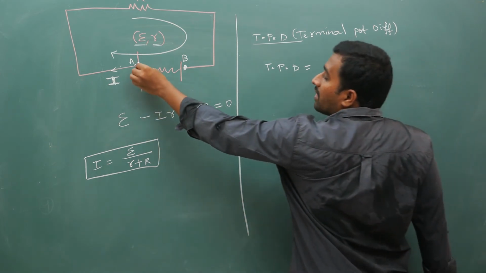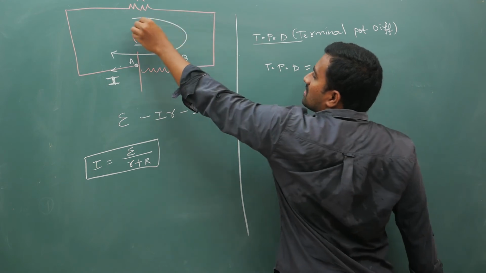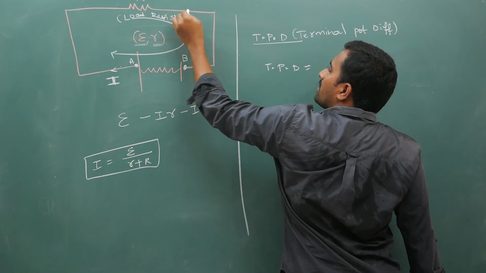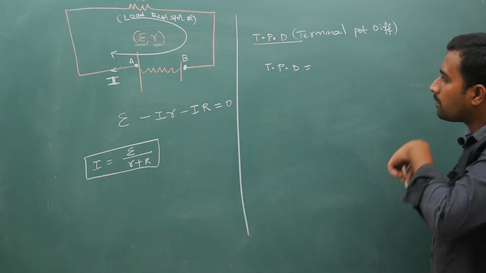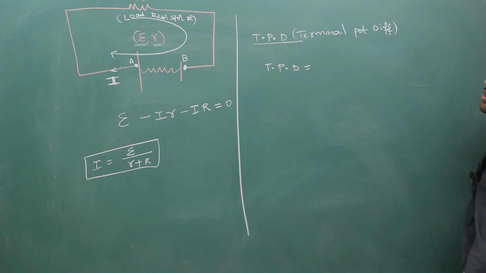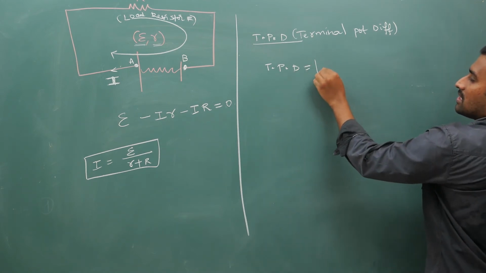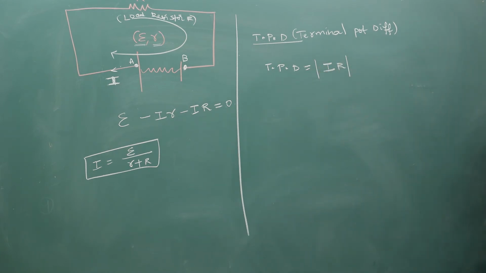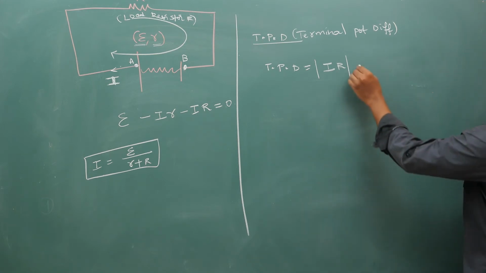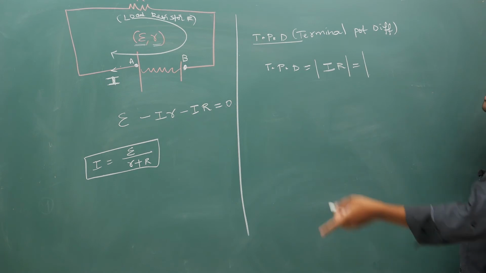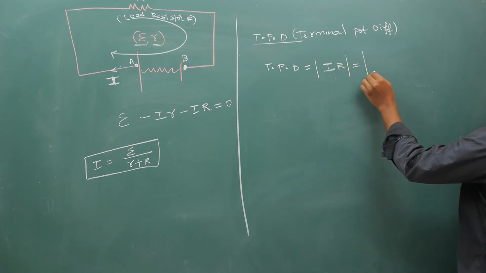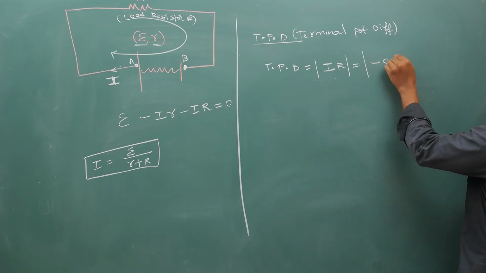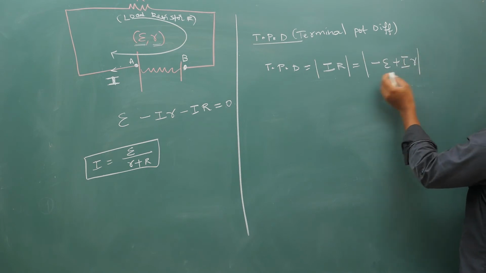If you are going from A to B through the load resistor, the load resistor is capital R, your terminal potential difference is I into R, current I times resistance R. If you are going through the battery from A to B, it is minus E plus Ir, which is nothing but E minus Ir.